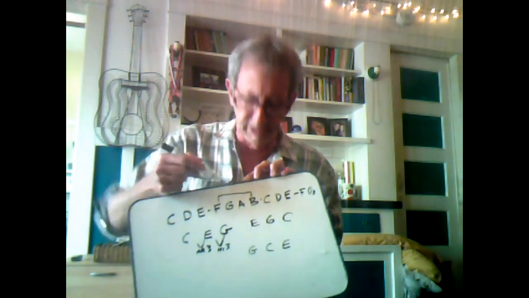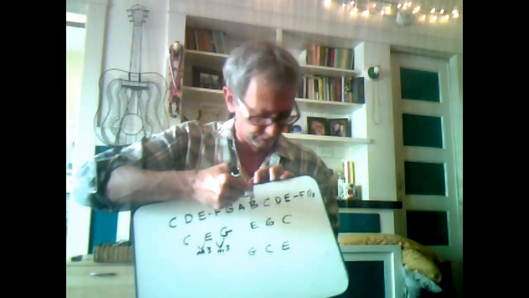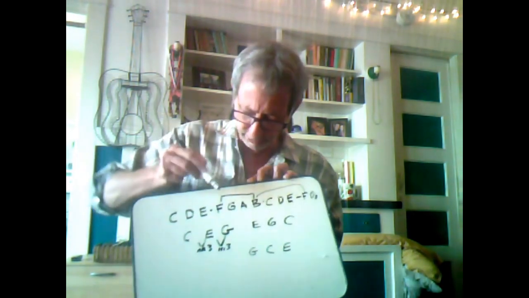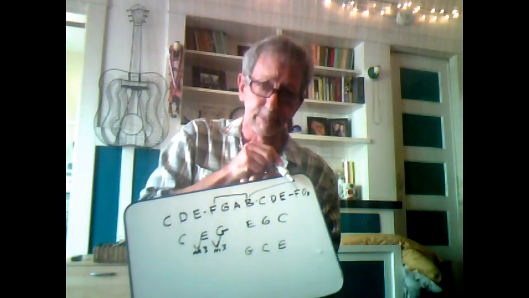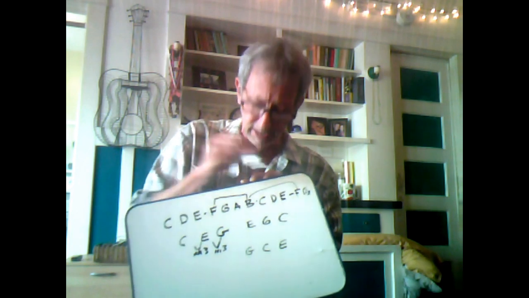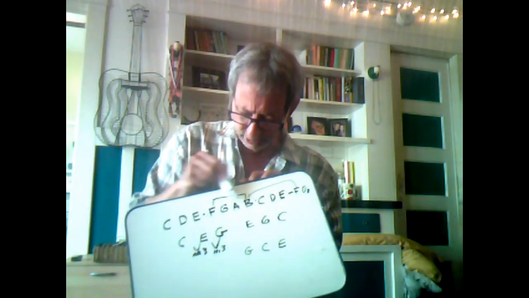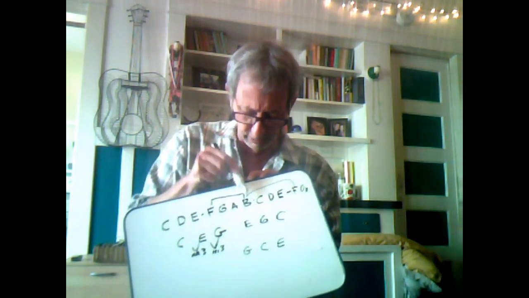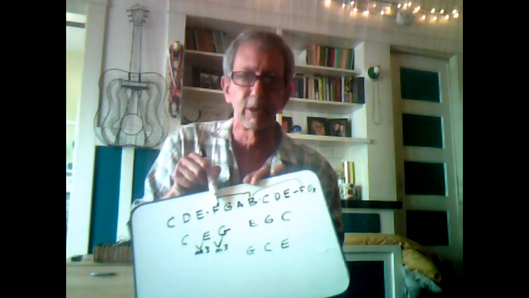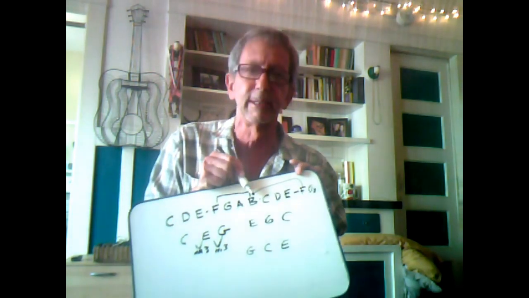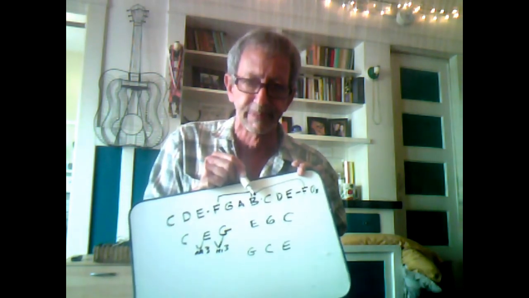I might give it a different name, like from F to B as opposed to B to F. Notice 1, 2, 3, 4 steps there, F to B, but 1, 2, 3, 4, 5 steps over there. And in this case, it's called an augmented fourth, and in this case, it's called a diminished fifth. This one is slightly larger than a fourth. This one is slightly smaller than a fifth.